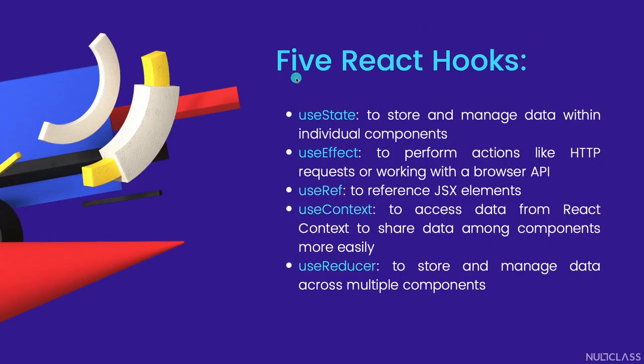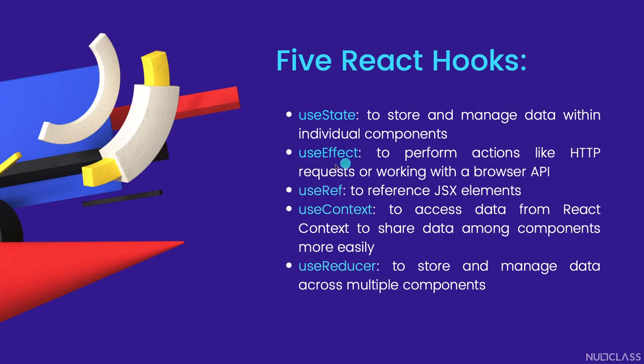For example, I have taken five hooks and I will demonstrate two of them. The first one is useState, which I have talked about earlier, which is used to store and manage data within individual components. useEffect is used to perform actions like an HTTP request or working with a browser API.